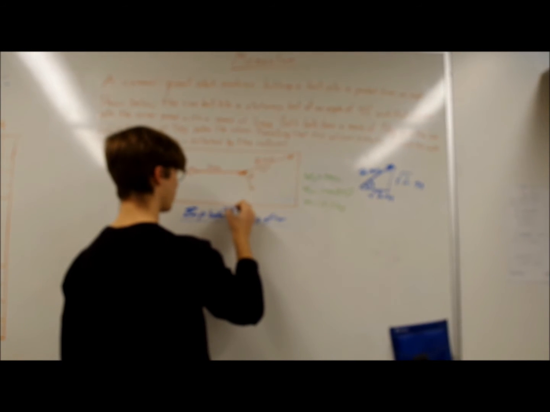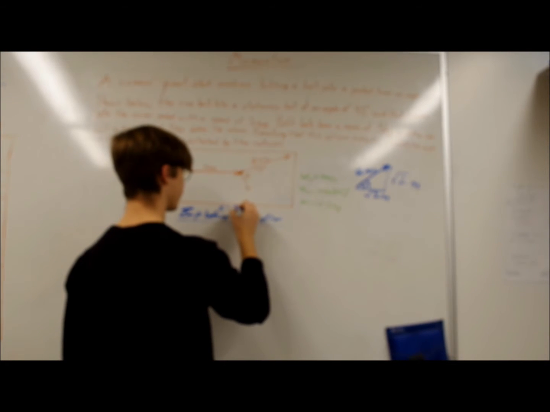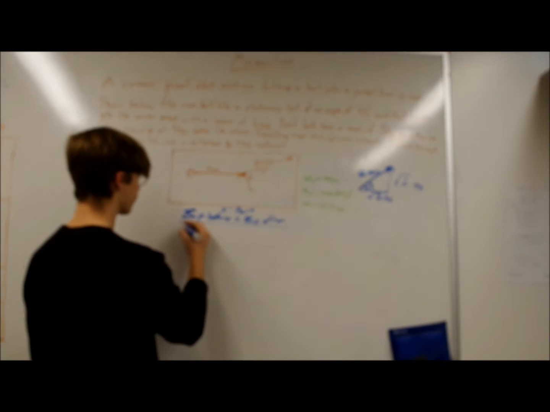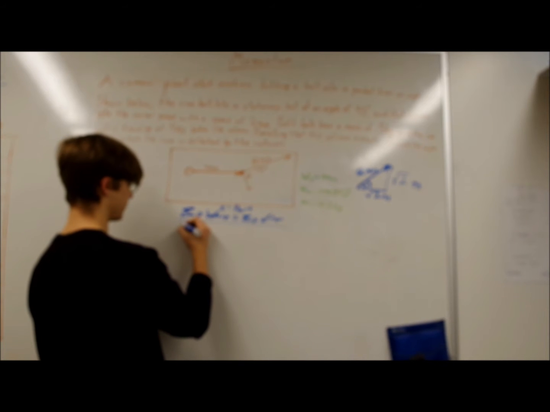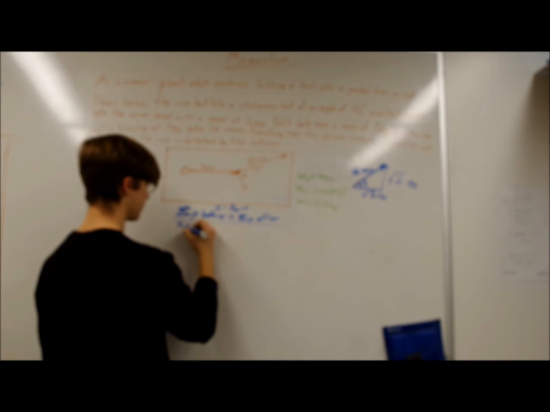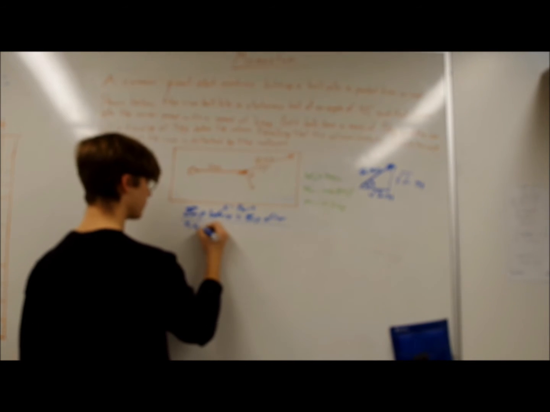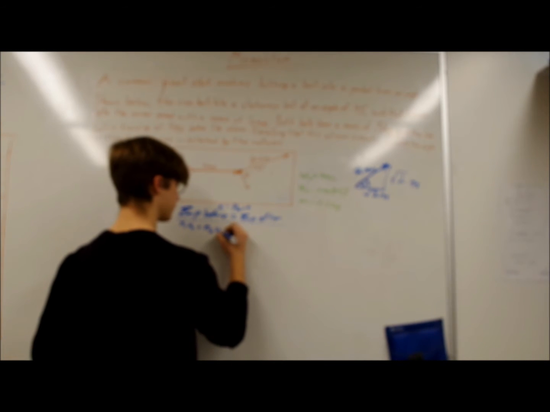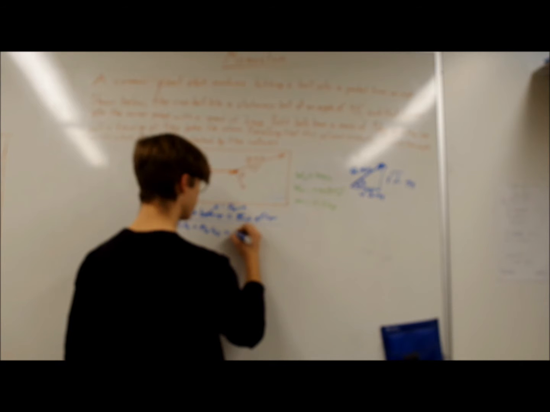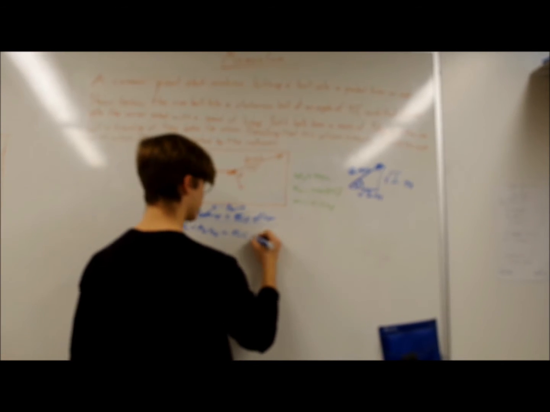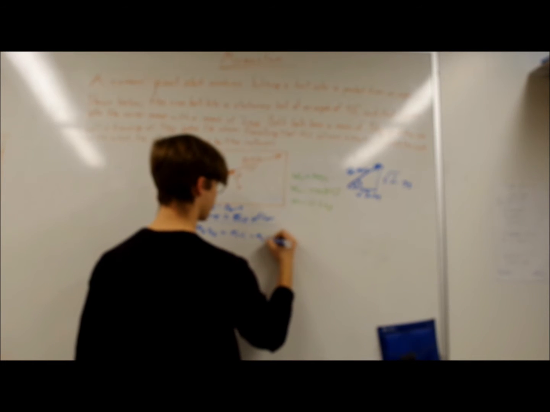We're calculating the x part right now. So the formula for this is m1 times the initial velocity of 1 plus m2 times the initial velocity of 2 will equal the mass of the first one times the final velocity of the first one plus the mass of the second one times the final velocity of the second one.